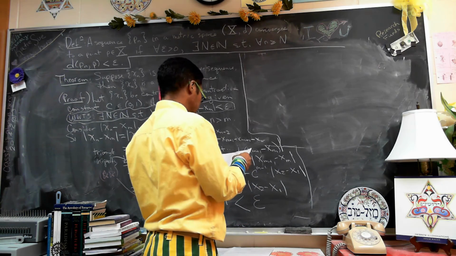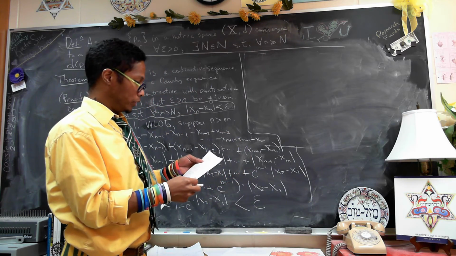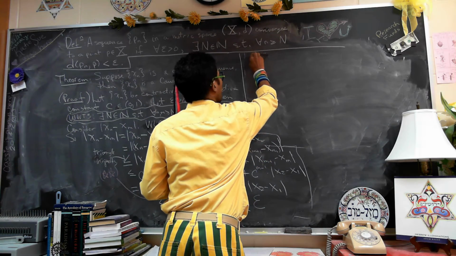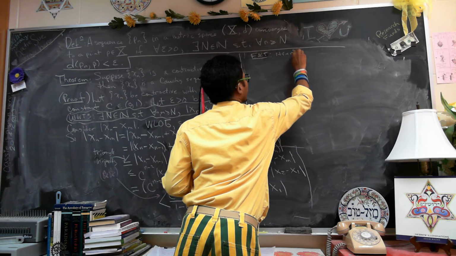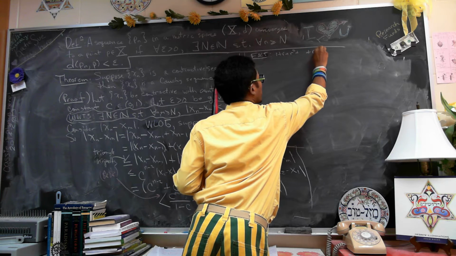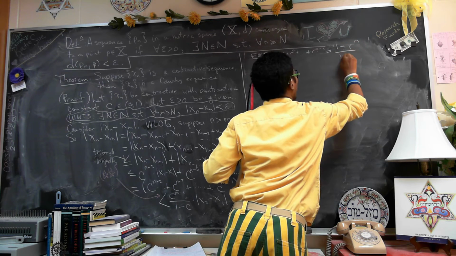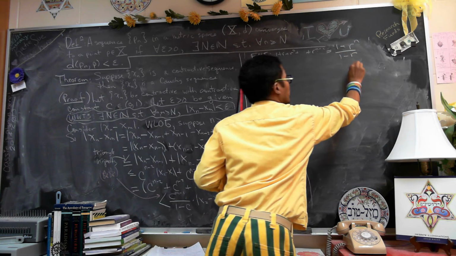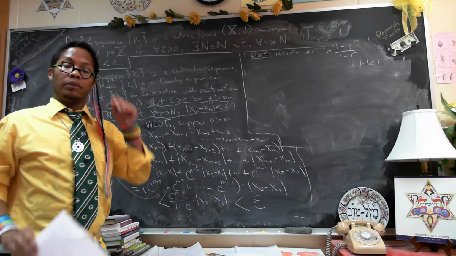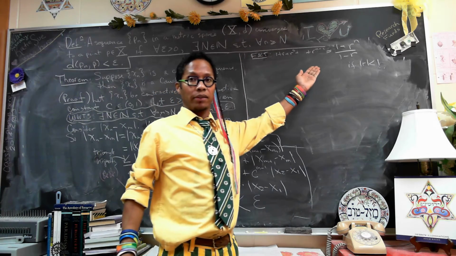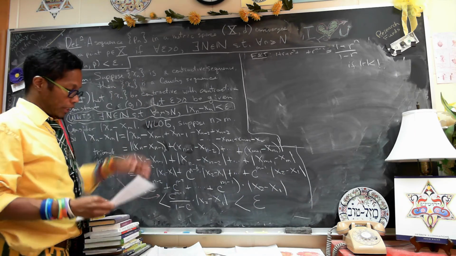We use the fact that 1 plus r plus r squared plus dot dot dot plus r to the n minus 1 equals 1 minus r to the n over 1 minus r, if r is in absolute value less than 1. Recall that from Calculus 2. So we're going to use that fact here. Our c is going to replace our r.